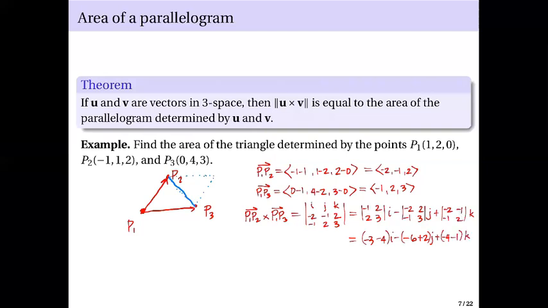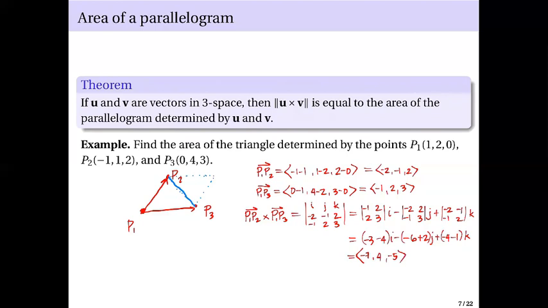And then you have your K. So in here, what is this? Negative 3 minus 4, that's negative 7, I. So let's put this in vector form. So negative 7, comma, negative 6 plus 2, that's negative 4. There's a minus here, so plus 4, comma, minus 4 minus 1, that's minus 5.